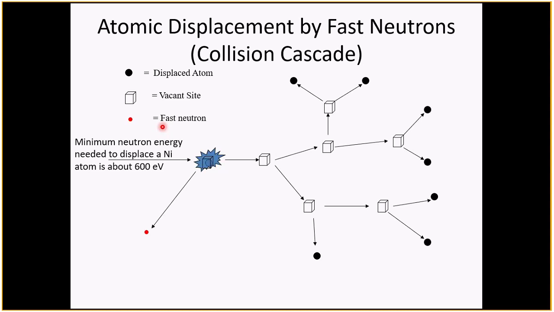And generally, often people made assessments of the material's ability to survive in a neutron environment based on the dose, measured in terms of how many fast neutrons this material would have been exposed to. Fast neutrons, let's say neutrons greater than 1 MeV, because by and large that produces the vast amount of the damage, or the highest percentage of the damage. And often assessments were made based on these fast neutrons.